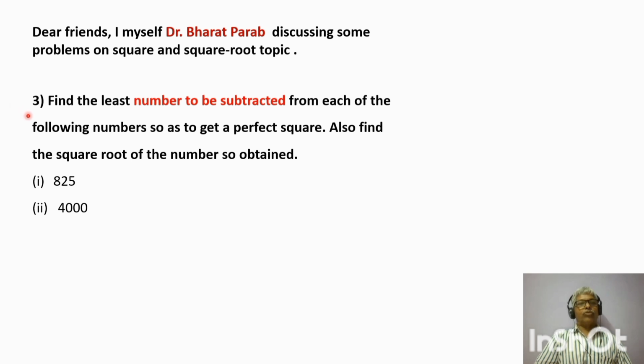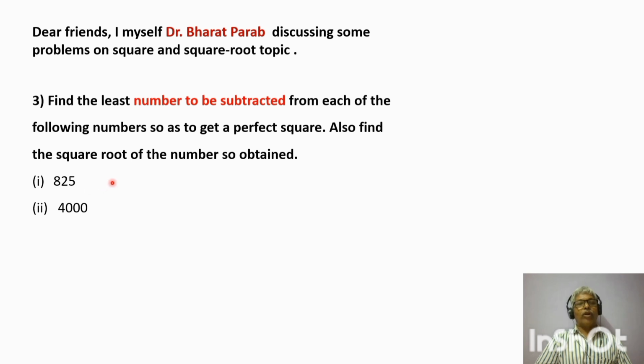Here we are discussing today: find the least number to be subtracted from each of the following numbers so as to get a perfect square. Also find the square root of the number so obtained. So here are two numbers, 825 and 4000.